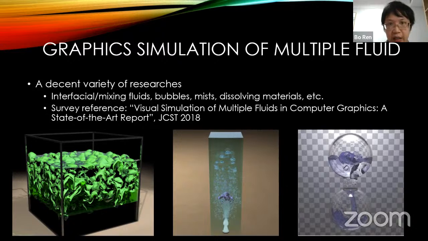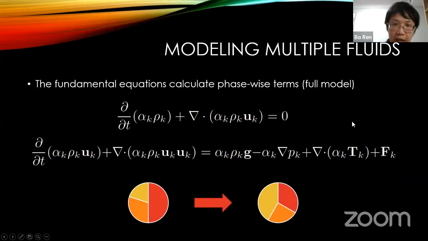These works are concluded in a survey we previously wrote, and if anyone is interested, you can just refer to it. And today I will talk about using SPH, namely the particle-based method, to model the multiple fluids.